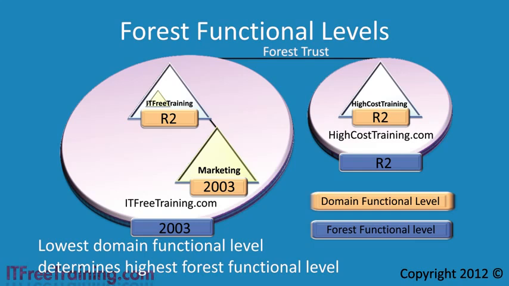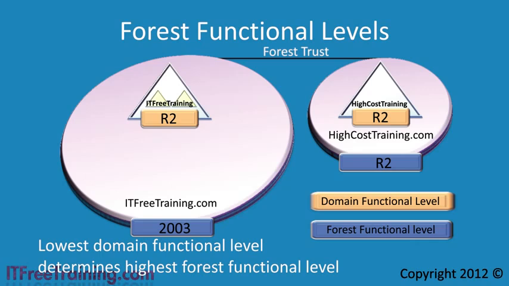In the case of the marketing domain, this was created because a particular person who used to work at IT Free Training wanted his own network. In other words, it was done more for political reasons than for business reasons. For this reason, you could merge this domain with IT Free Training, making it its own OU because that person does not work for IT Free Training anymore.